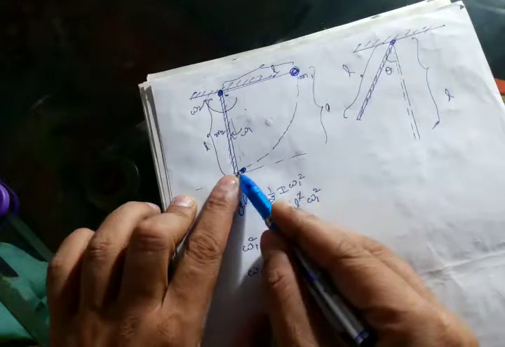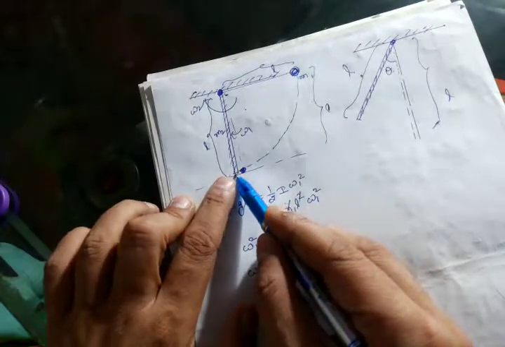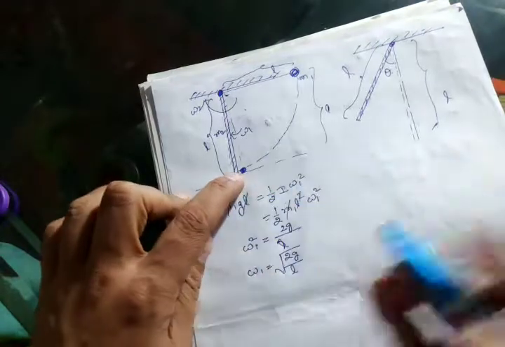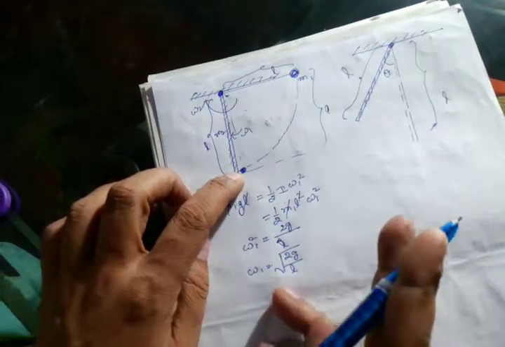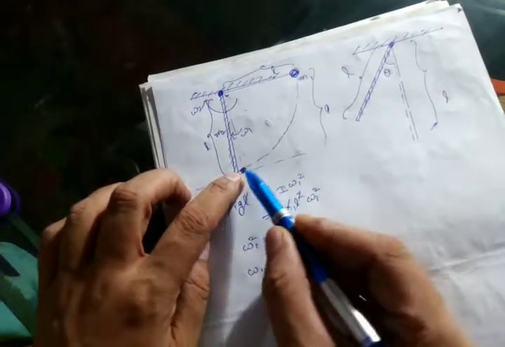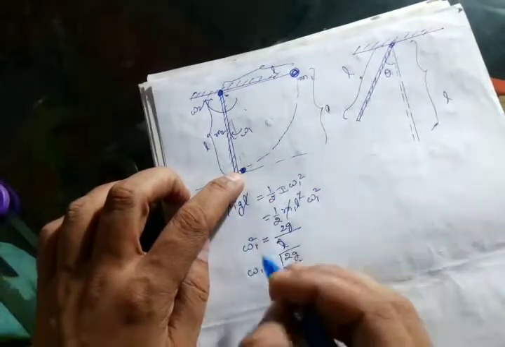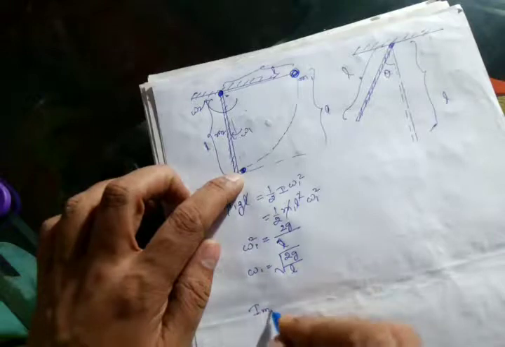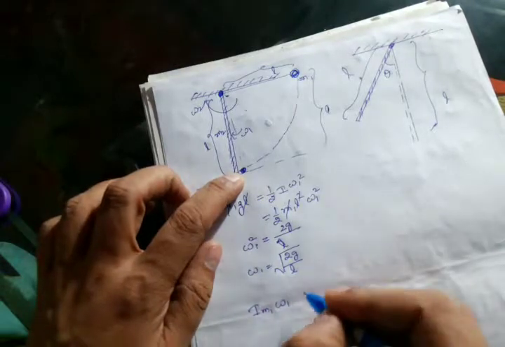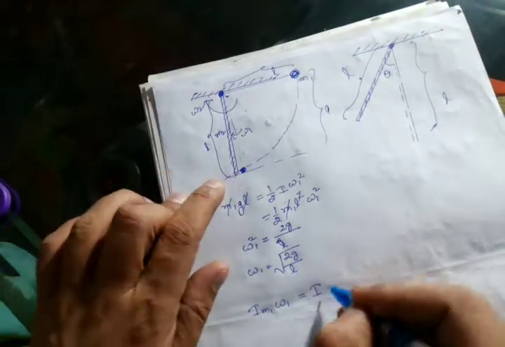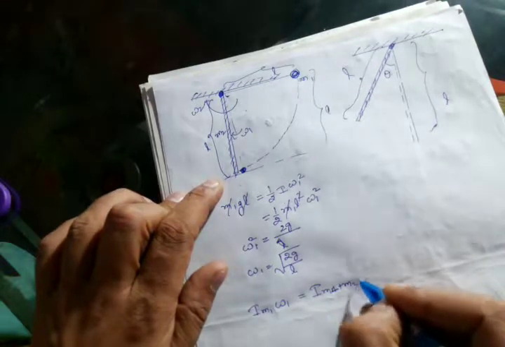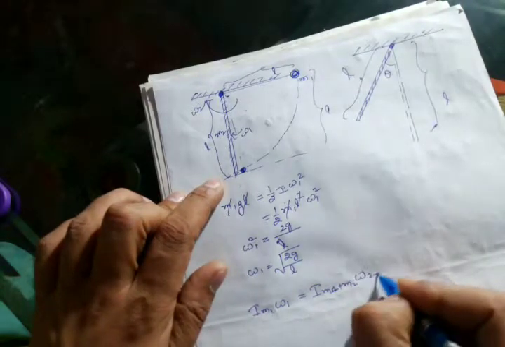Now when it will collide, it will stick to this rod. So before collision, I will apply the law of conservation of angular momentum. Before collision, angular momentum was I of m1 times omega 1, and after collision I of m1 plus m2 times omega 2.